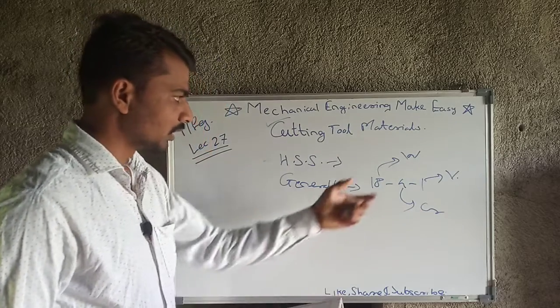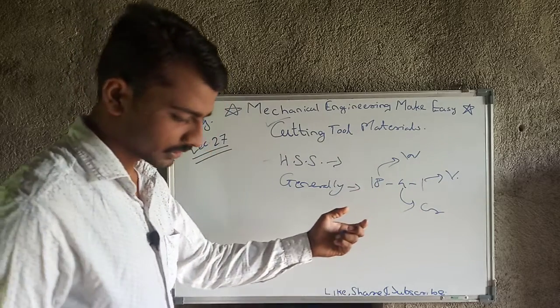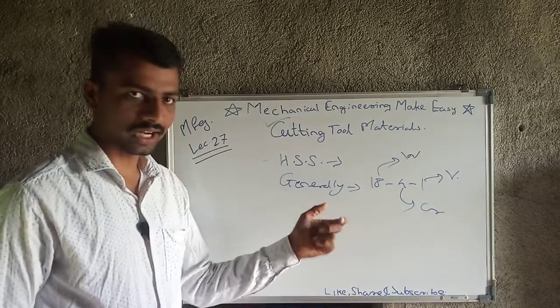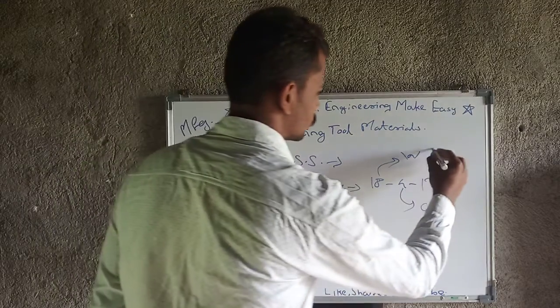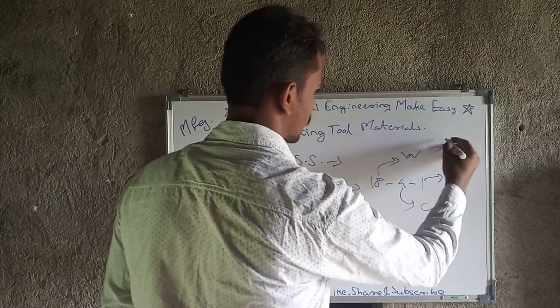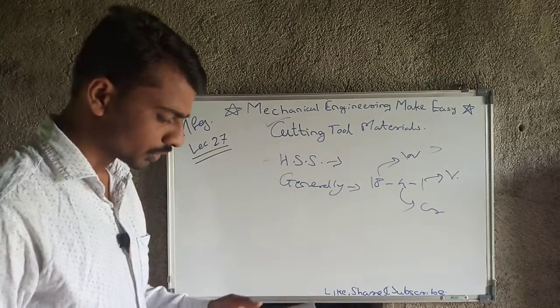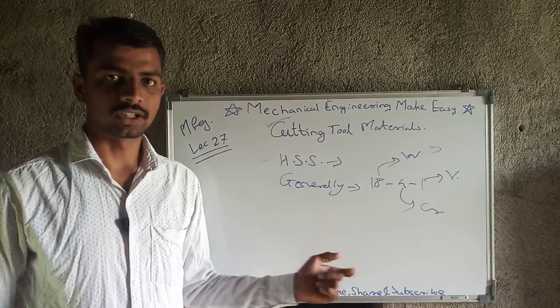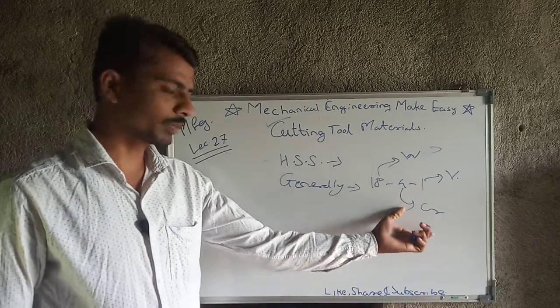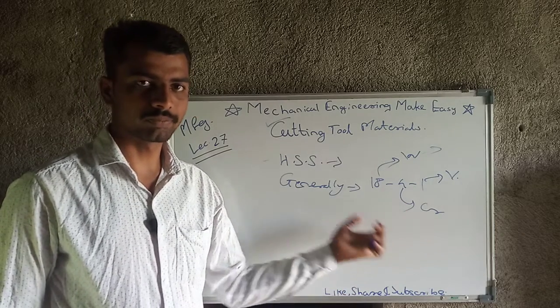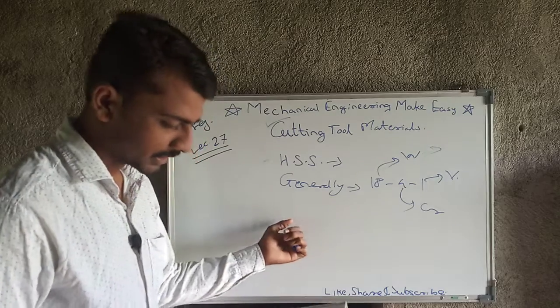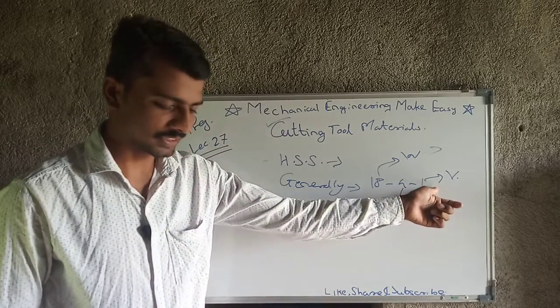Here we are using 18% tungsten to increase hot hardness and stability. Then chromium is used to increase strength; we use 4% chromium to increase the strength of the tool. Then there is another element, 1% vanadium.